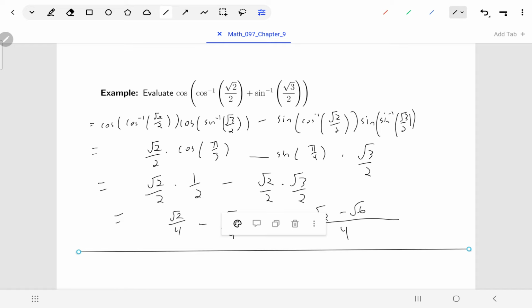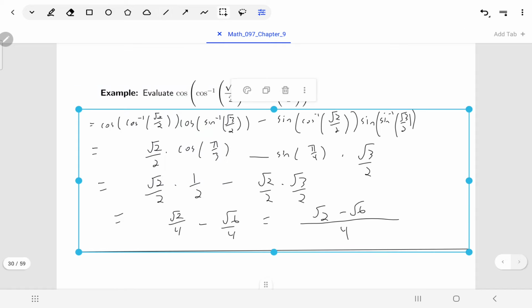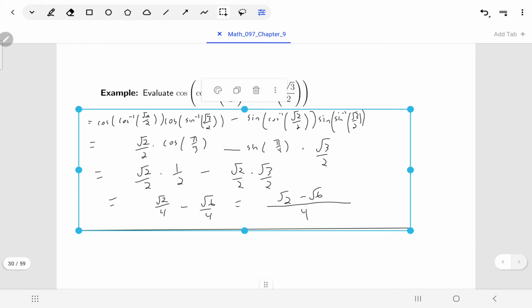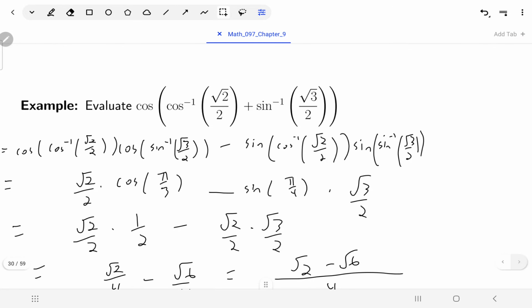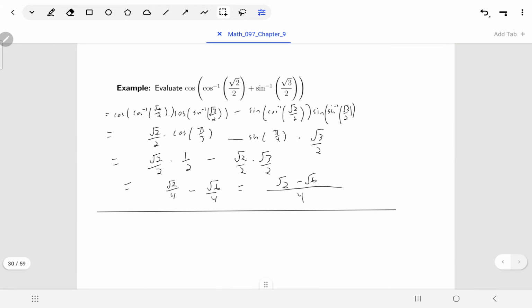But there's other options that exist, and so I'm going to just show us another choice that we could have done instead. So my option that I went with was to use the angle sum formula for cosine first and then deal with my inverse trig functions afterwards. If I was feeling kind of fun, I could have noticed that these inverse trig functions, I could just evaluate them pretty easy up front, and then it will be a little bit faster for me.